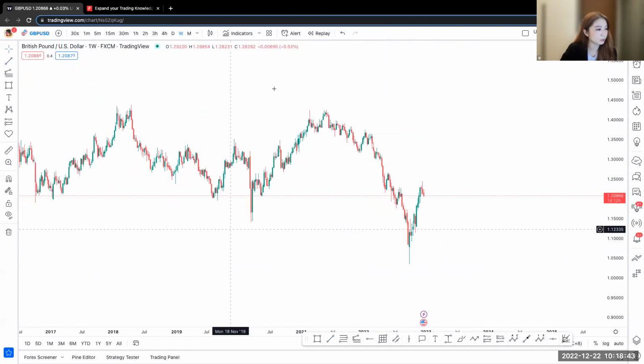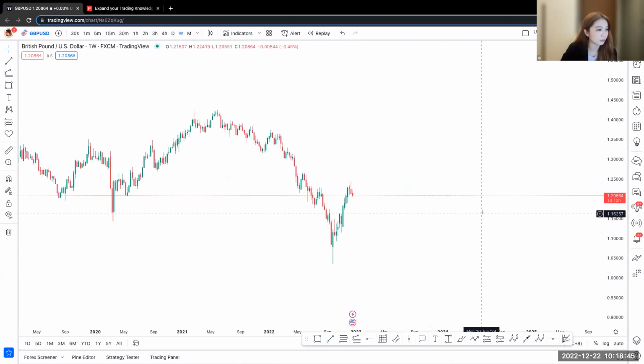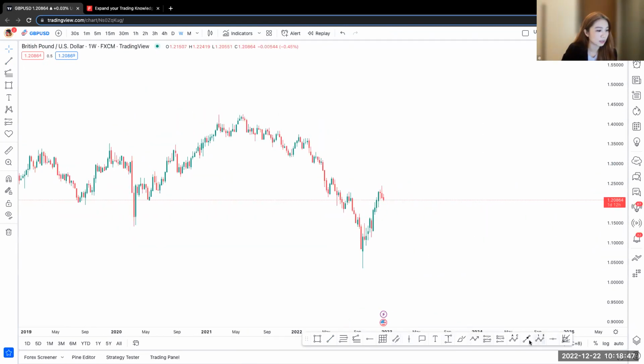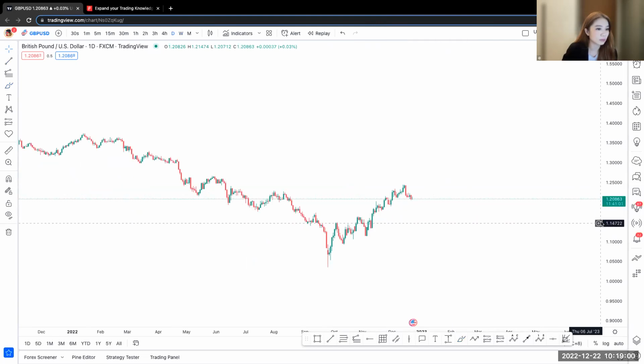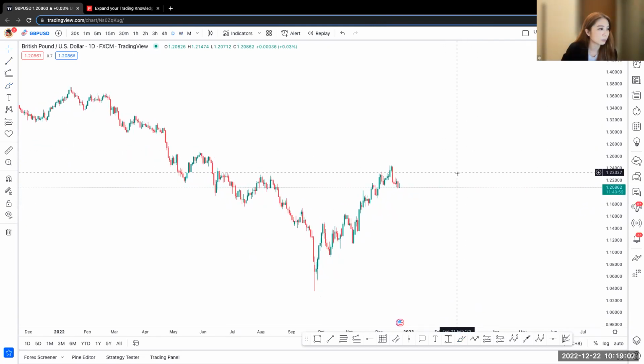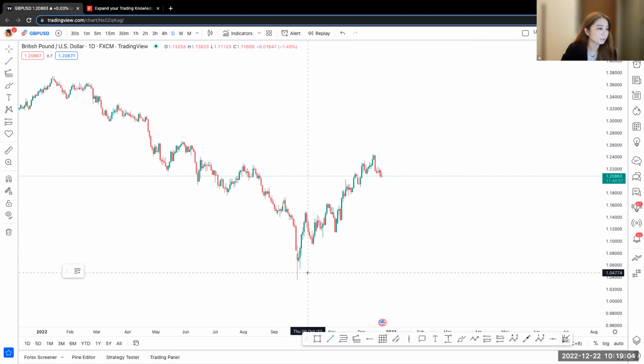A solid downward movement right now is making a recovery. We can see there is also a small V-shaped recovery. Let's take a look at daily. As for daily, it's still maintaining an upward moving trend.